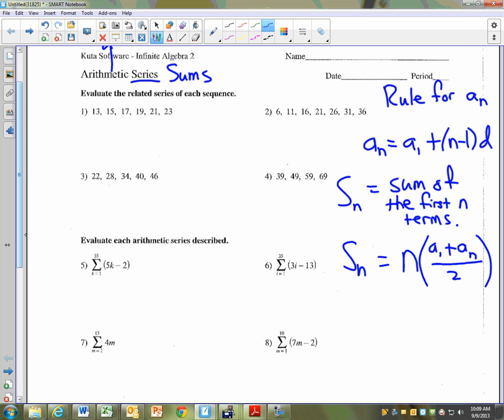And the way that we do that is we say the sum of the first, how many terms are there? There are 6.